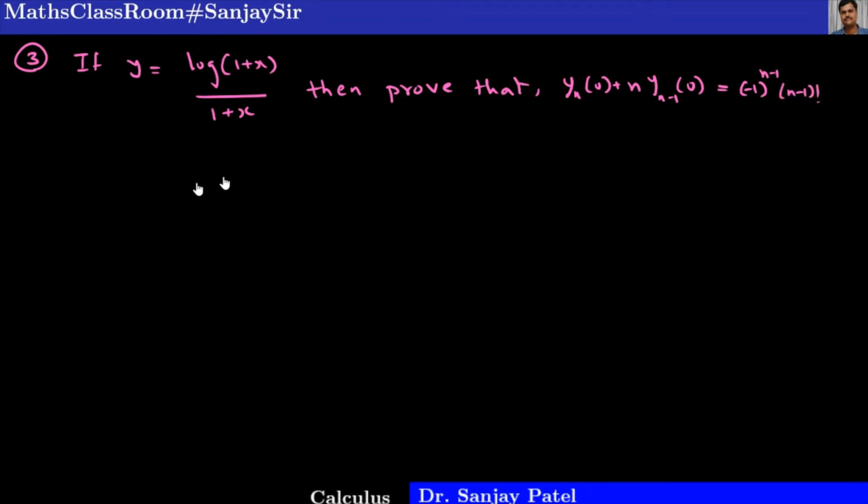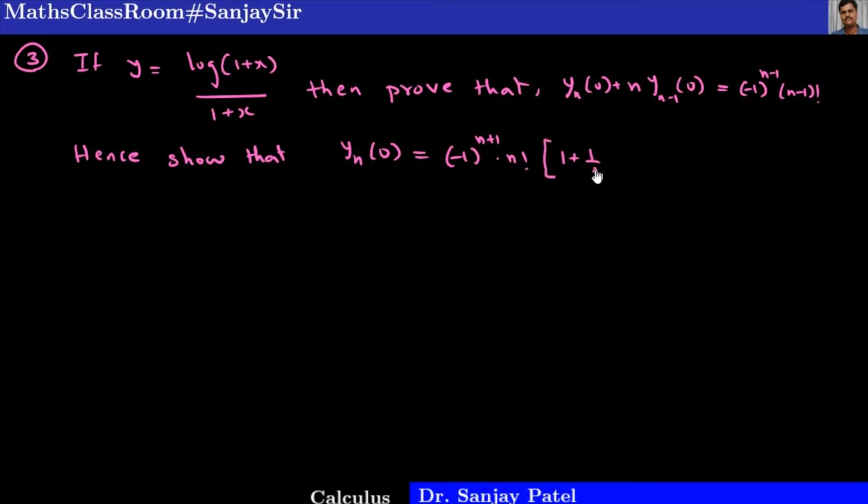Okay, and hence show that yn 0 is given by minus 1 raised to n plus 1 into n factorial into 1 plus 1 by 2 plus 1 by 3 plus 1 upon n. Let us prove.